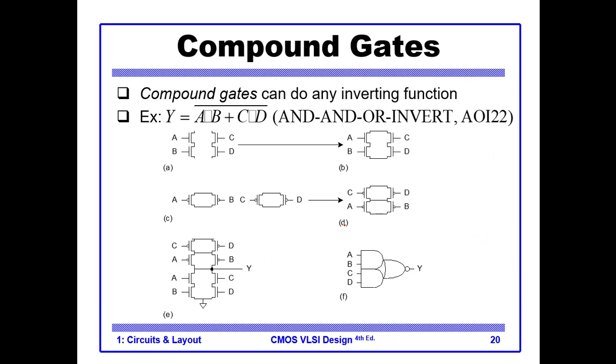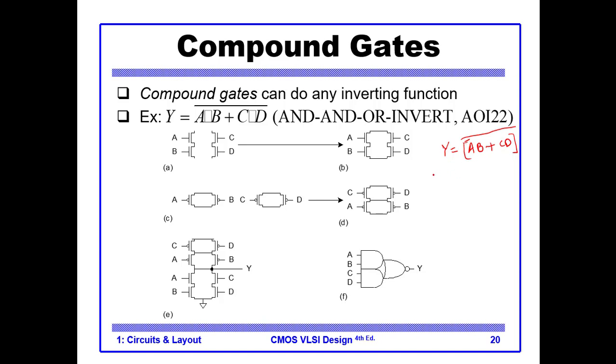Let's come to another gate, which is the compound gate. So basically the equation is Y is equal to (A and B plus C and D) whole bar.